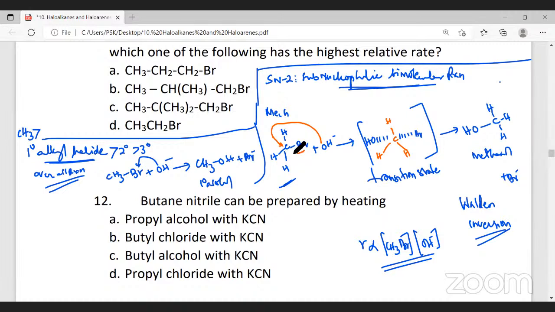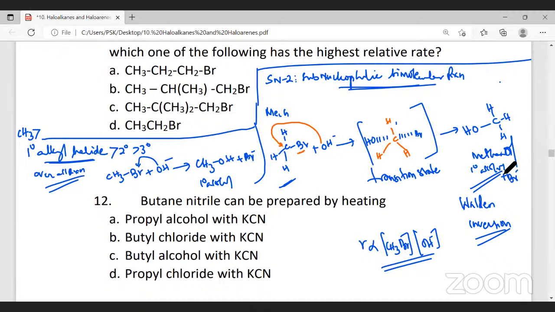Once the OH group completely gets bonded to carbon, the bond between carbon and bromine completely breaks to form an alcohol, a primary alcohol. Methanol is an example of a primary alcohol. Did you understand? Walden inversion is shown only by the SN2 mechanism. Walden inversion is not shown by the SN1 mechanism. Followed?